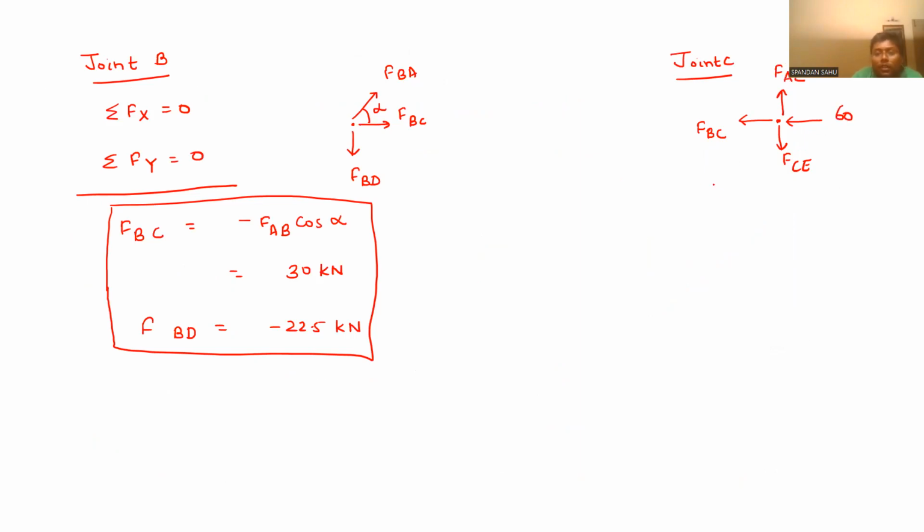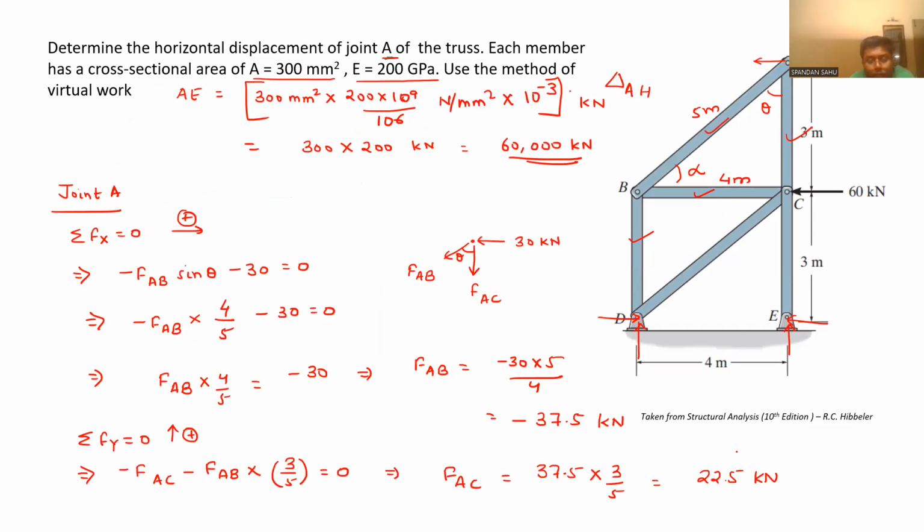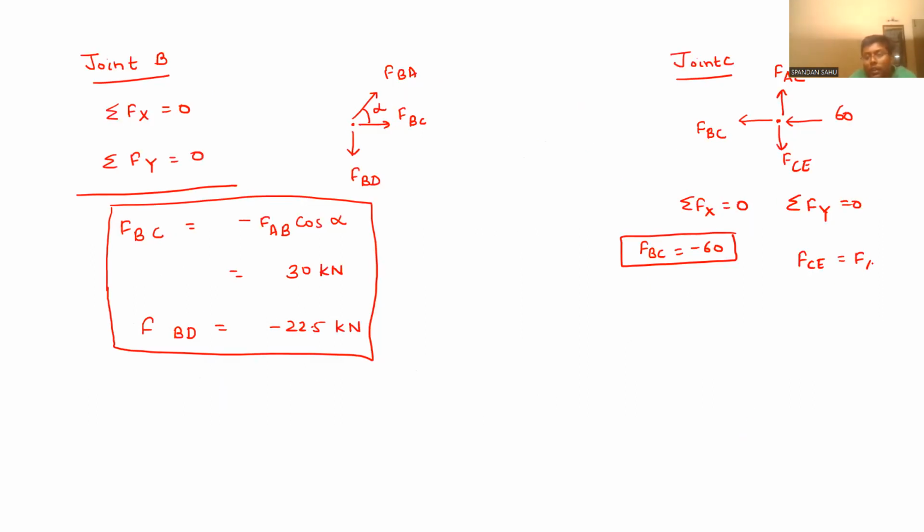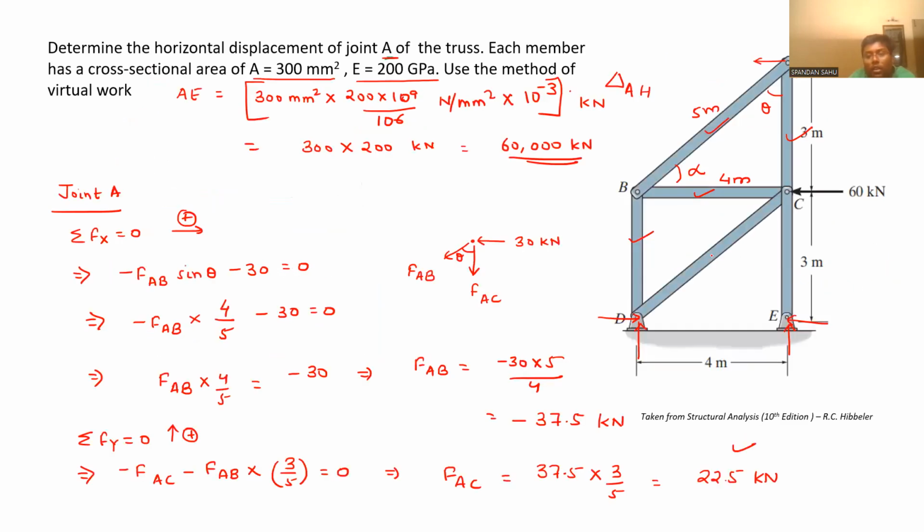Writing the equations of equilibrium, summation of Fx equal to 0 and summation of Fy equal to 0, we get FBC equal to minus 60 directly, and FCE will be equal to FAC, and we got FAC value as 22.5. So FCE equal to FAC, both equal to 22.5 kilonewton. So we are done with all the P force members.